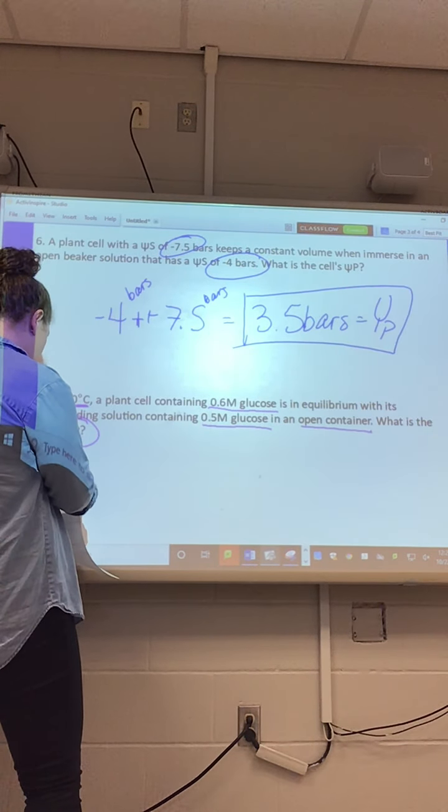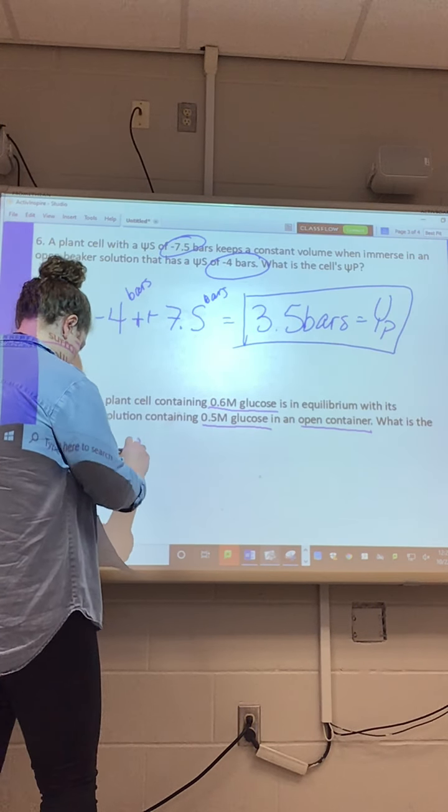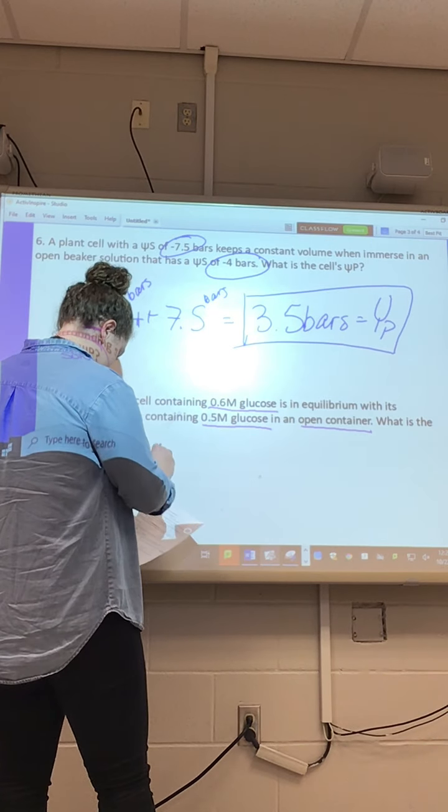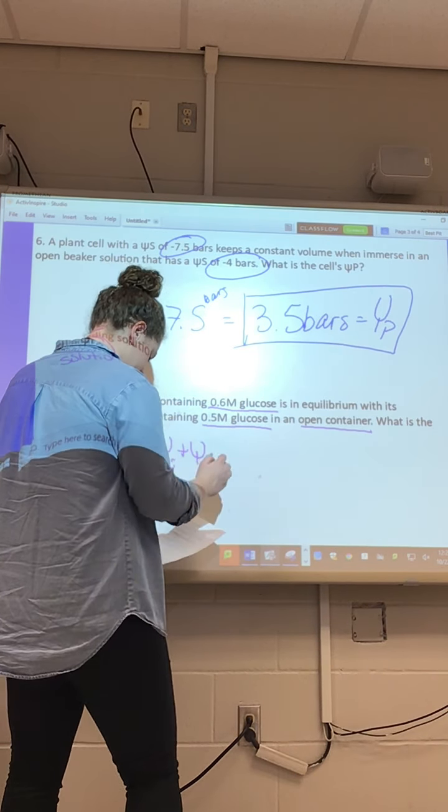So the solution, we're going to use water potential equals solute potential plus pressure potential.